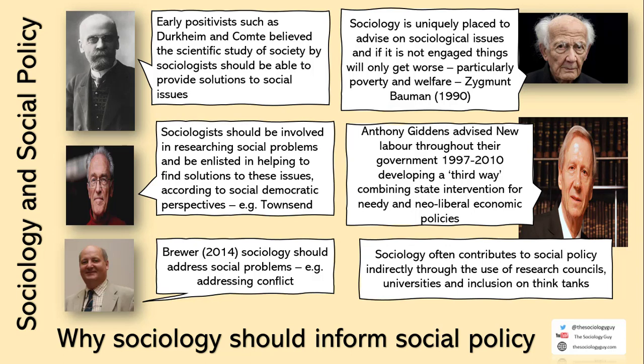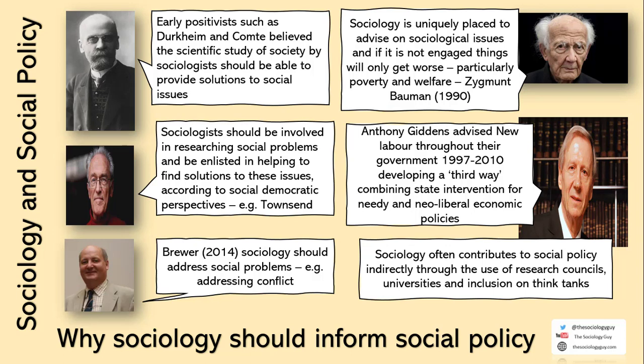I think he was very much involved in peace studies. Zygmunt Bauman, a late modernist, argued that sociology was uniquely placed to advise on social issues, and if we didn't use sociology, things would get worse.